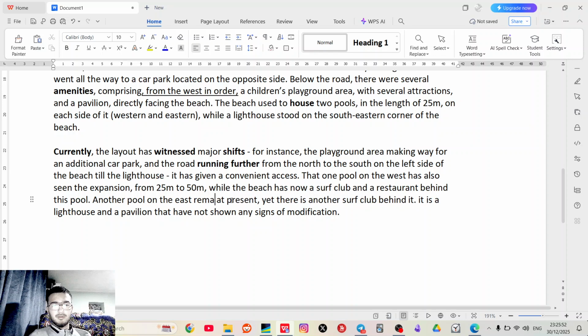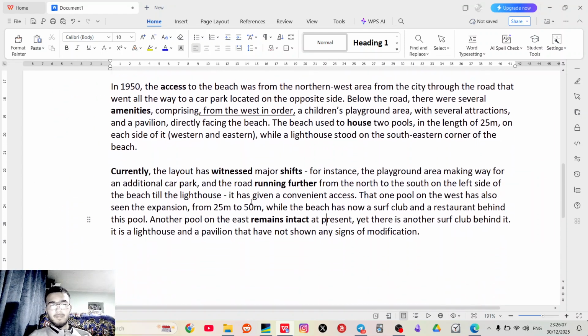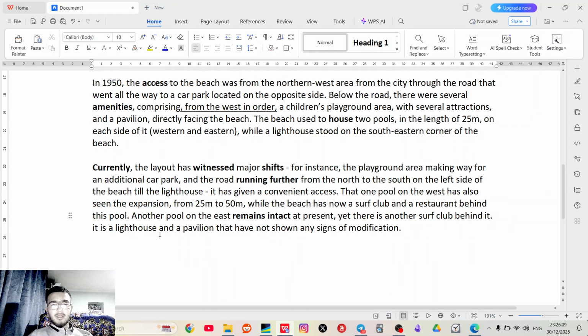So it means remains intact. Yet there is another surf club behind it. The lighthouse and the pavilion haven't shown any signs of modification.